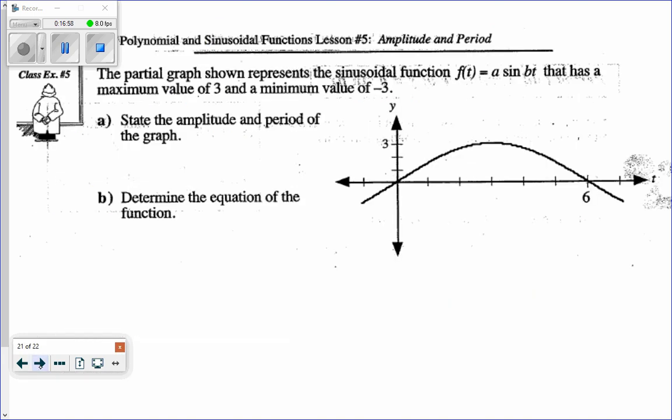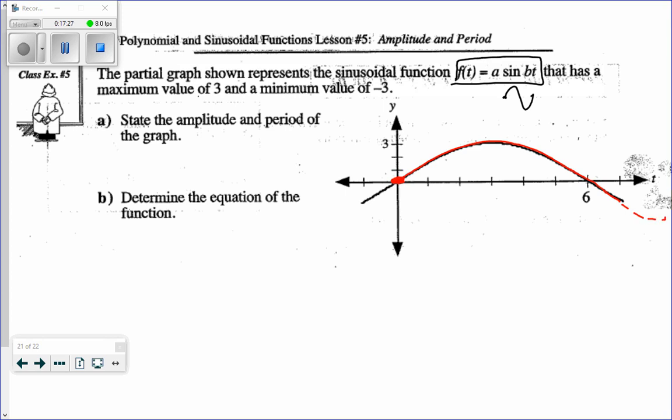So I don't know how much we'll get done here, but we'll try to get through this last example, and then you can have some time to work. So it says the partial graph of the sinusoidal function is shown. So again, this is our graph. Here's the problem, right? Sine is a wave. So what's happened here is here's the start of it. It goes up, down. What's wrong?